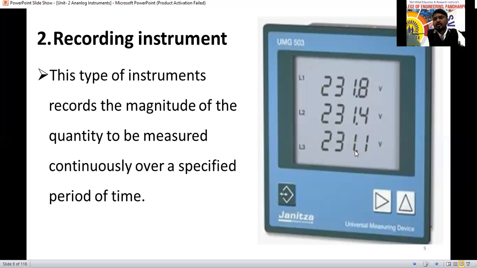The voltage is 231 only. So it is going to record on an hourly basis, per second how much was there. Every second it is recording here. Those types of instruments we are going to call recording instruments.